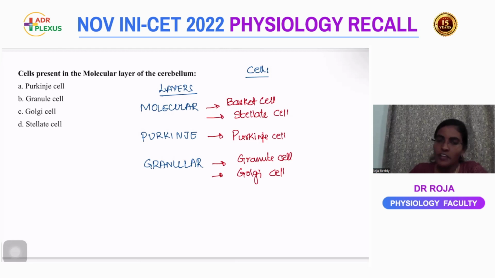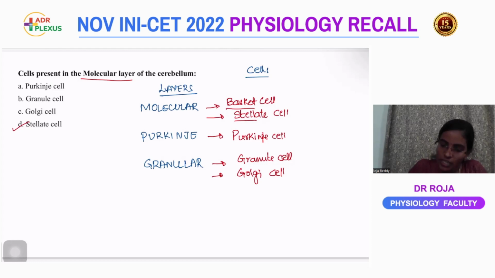Okay, now these are the 5 cell types which are present in the cerebellum. So out of this, the question asks what cell is present in the molecular layer of the cerebellum? It is the basket cell and the stellate cell. So what is in the options given below? It is the stellate cell.